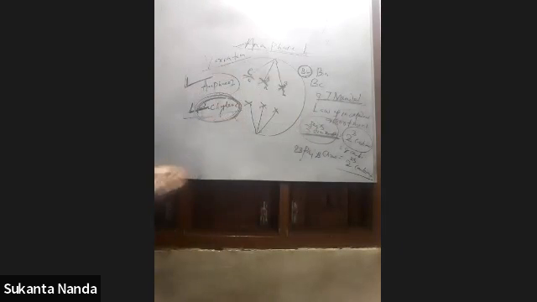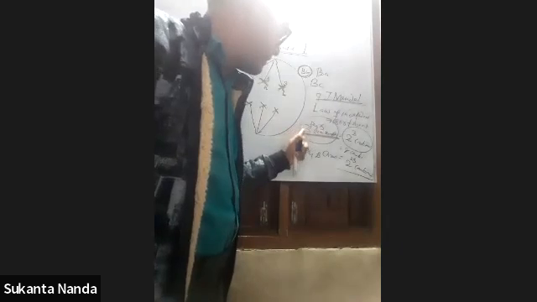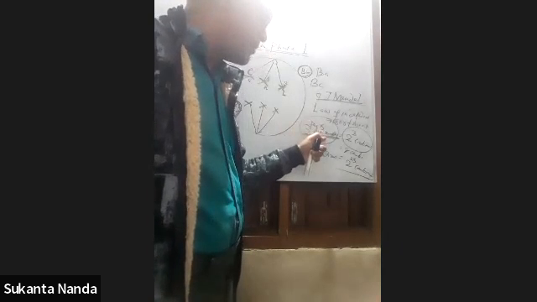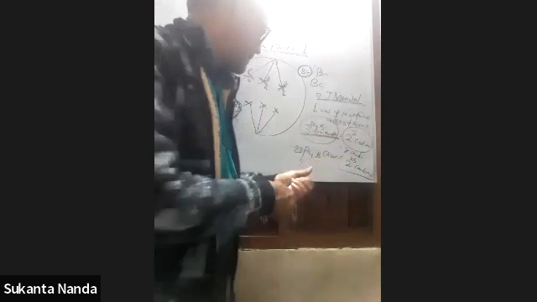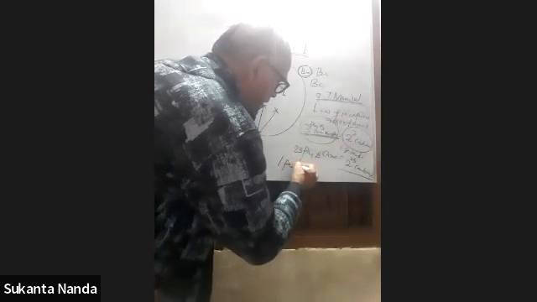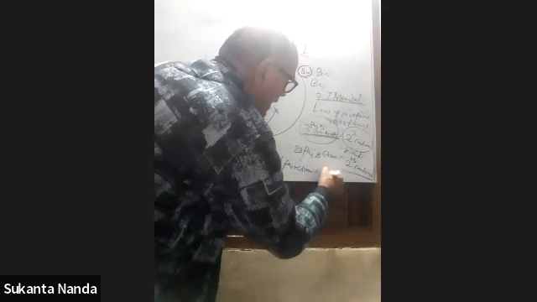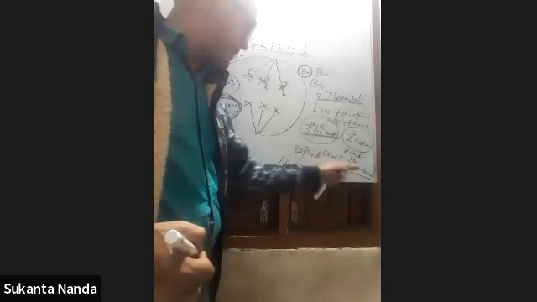And the law of independent assortment. So you should see that three pairs of chromosomes will have 2 to the power 3 combinations. That means one pair of chromosomes will have 2 to the power 1 combination.